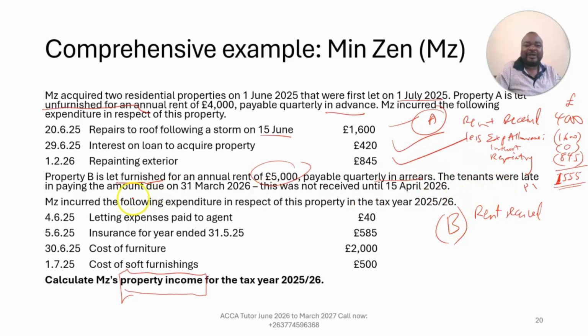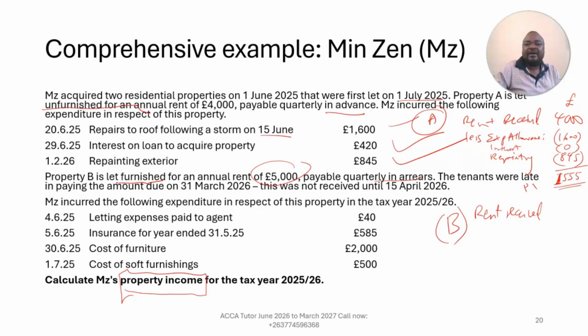They are saying the tenants were late in paying the amount due on 31 March 2026. All right, this was not received until 15 April 2026.